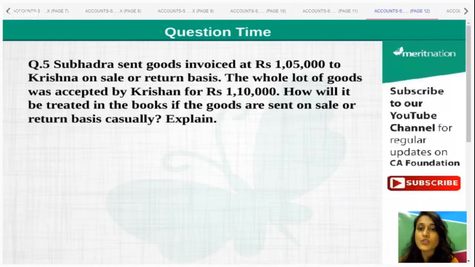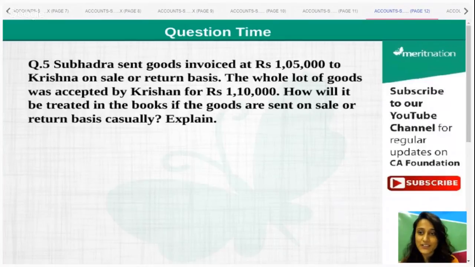Subhadra sent goods invoiced at rupees 1,05,000 to Krishna on sale or return basis. The whole lot of goods was accepted by Krishna. Sorry, the name got changed. It should be Krishna for rupees 1,10,000. How will it be treated in the books if the goods are sent on sale or return basis? Briefly explain.